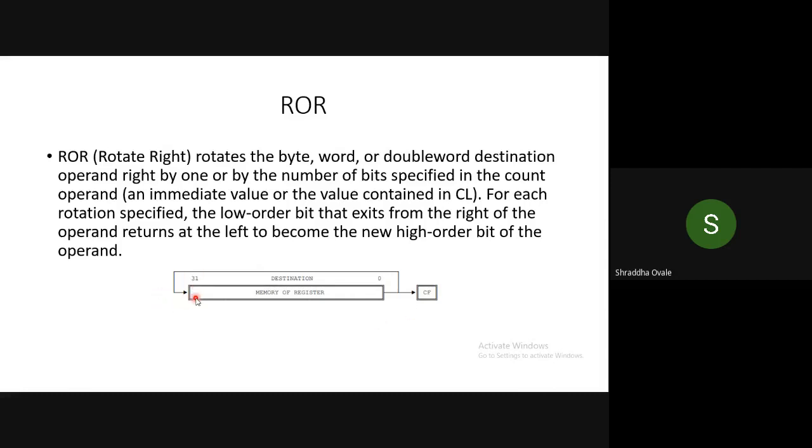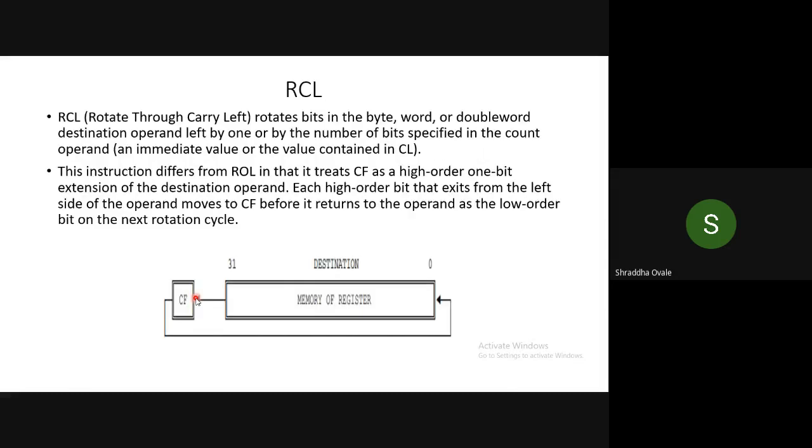Then next, RCL, that is rotate through carry left. What happens in rotate through carry left? It will rotate your bits in the byte, word or double word destination operand left by 1 or by the number of bits specified in the count operand.